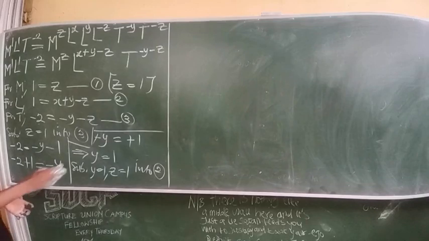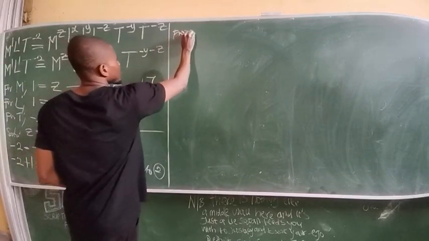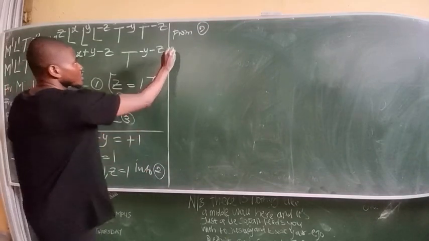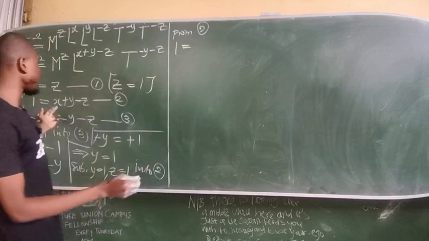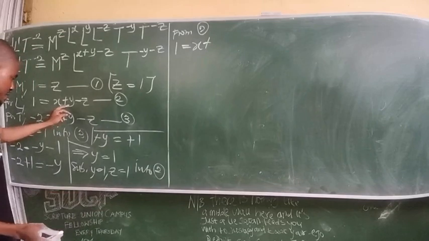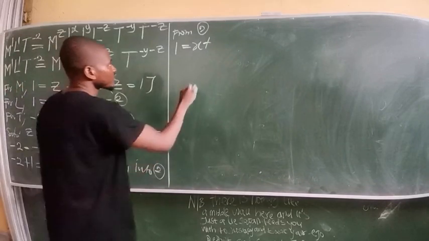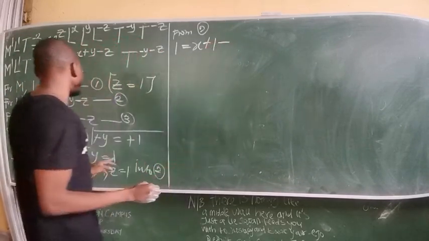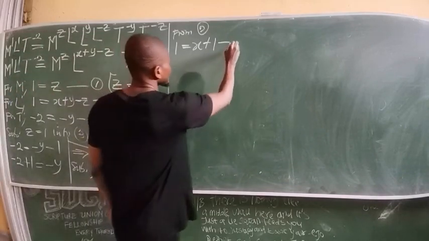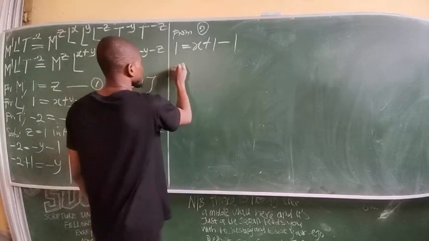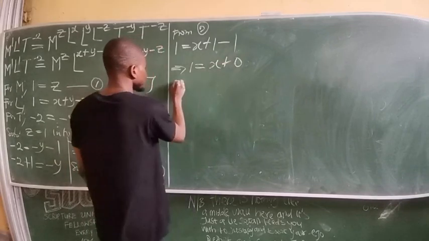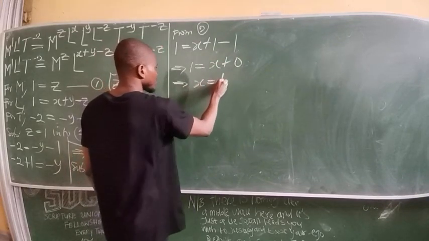From equation 2, we simply have 1 is equal to x plus y, but y is 1. So it becomes x plus 1 minus z, and z itself is 1. So this implies that 1 is equal to x, because 1 minus 1 simply gives us 0. So this implies that x is equal to 1.